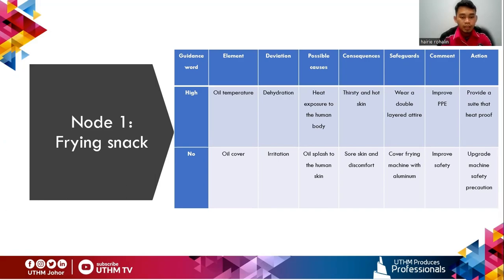The consequence of this hazard is hot skin, soft skin and discomfort to the human body. Action that can be taken for high oil temperature is to provide a heat-proof suit, then upgrade machine safety precautions.